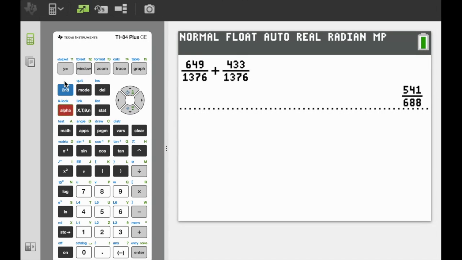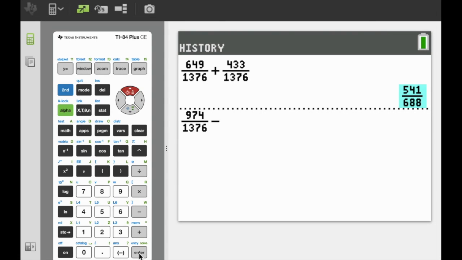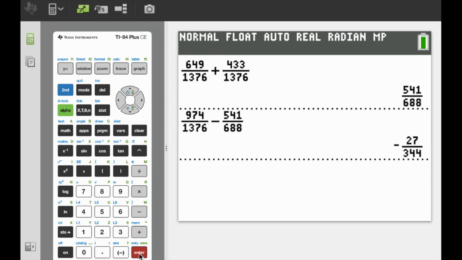So fancy fraction again. And I get 974 over 1376. And I'm going to subtract that answer. So I'm just going to highlight it and copy and paste it. And I get the negative, but we know that it equals negative x.